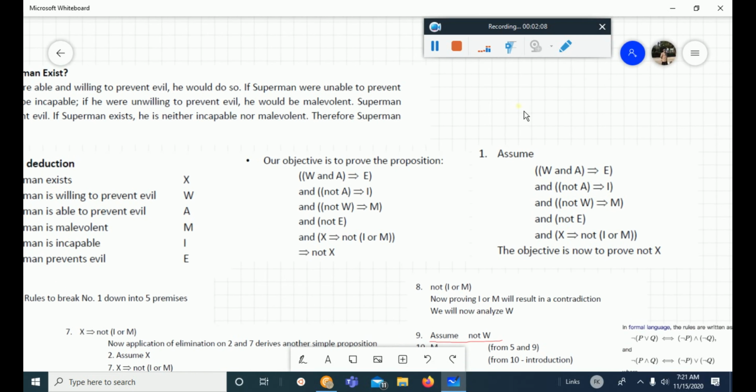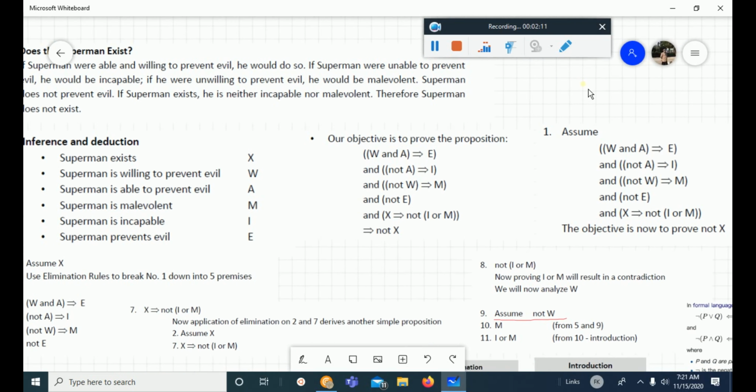Now we will write it. Our objective is to prove the proposition. E is Superman prevents evil. If Superman is willing and able to prevent evil, then it implies that Superman prevents evil.